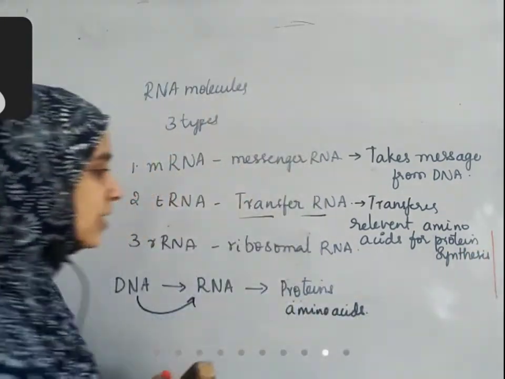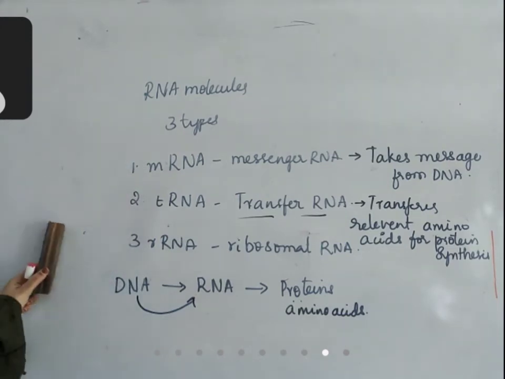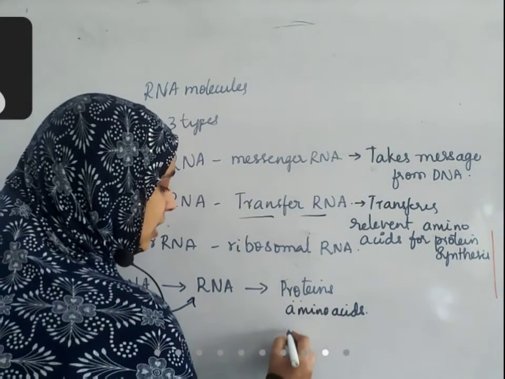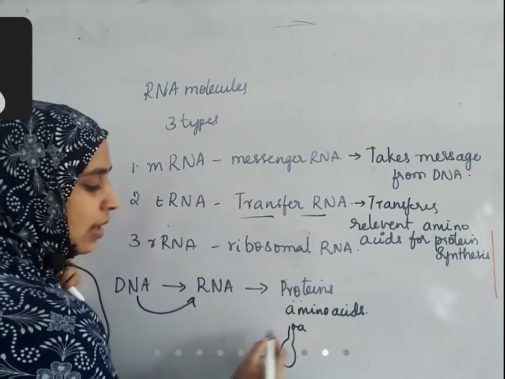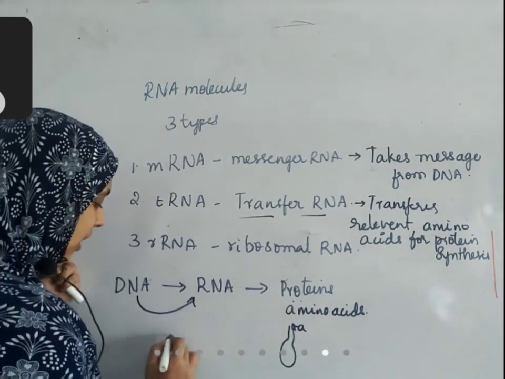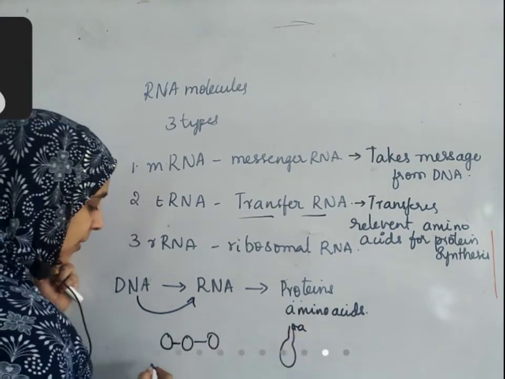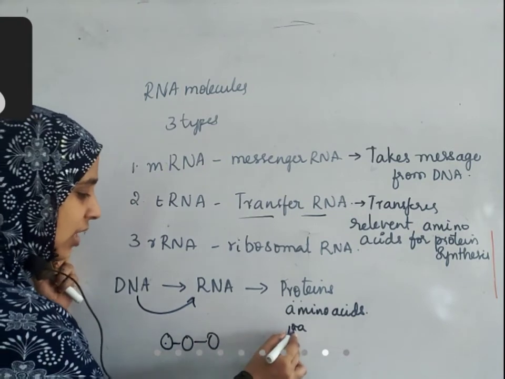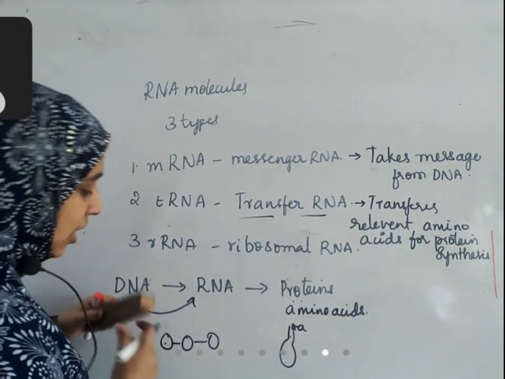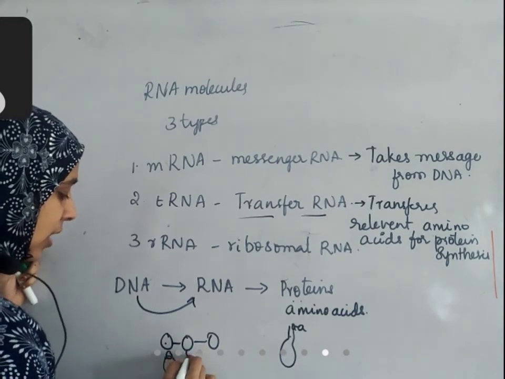Now, this transfer RNA and mRNA should bind to each other. This transfer RNA is a molecule like this. It will bind to the amino acid and bring that amino acid. Already near the DNA, the mRNA is binding like this to accept this. So there should be a binding between this and this. Messenger RNA and tRNA should bind. For binding, ribosomal RNA will help.